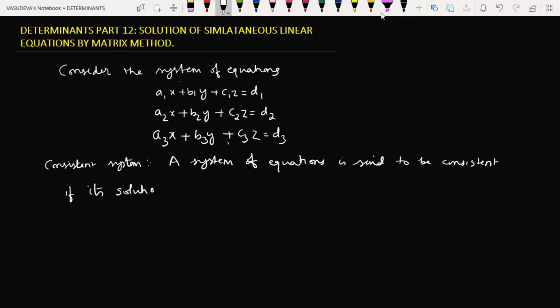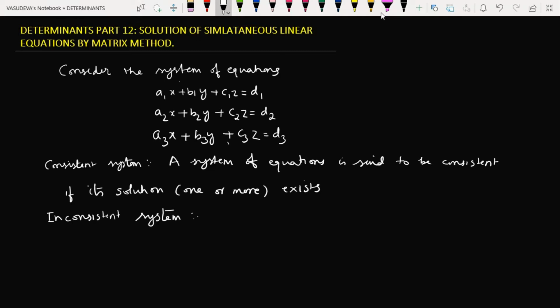Solution ಅಂದ್ರೆ one or more exists. Inconsistent system ಅಂತಂದ್ರೆ if the solution does not exist. A consistent system is when the solution exists. The inconsistent system means its solution does not exist.